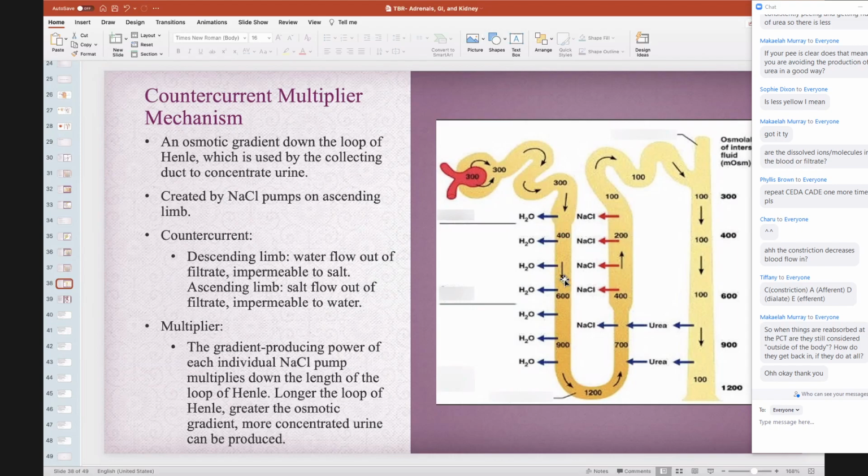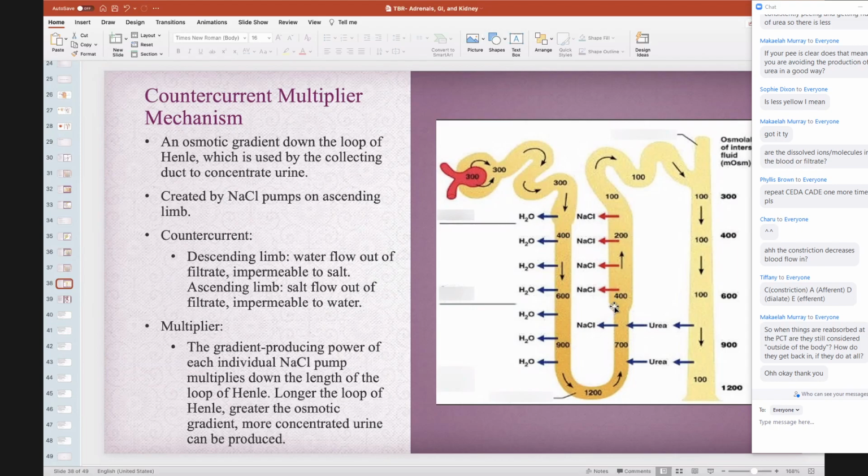As we're doing that, we're extracting water from the filtrate, concentrating it here, and if we have caused so much water to flow out, we have passive flowing out of the sodium chloride as well. And these guys continue to work. So the longer you have this loop of Henle, the more sodium chloride channels you can put on the ascending limb.